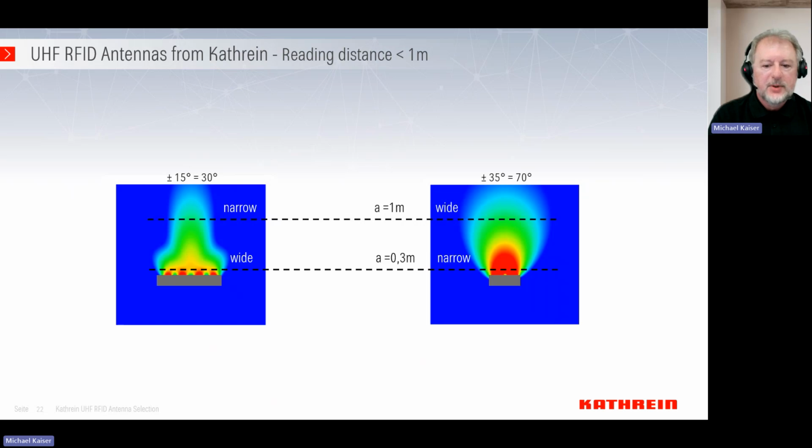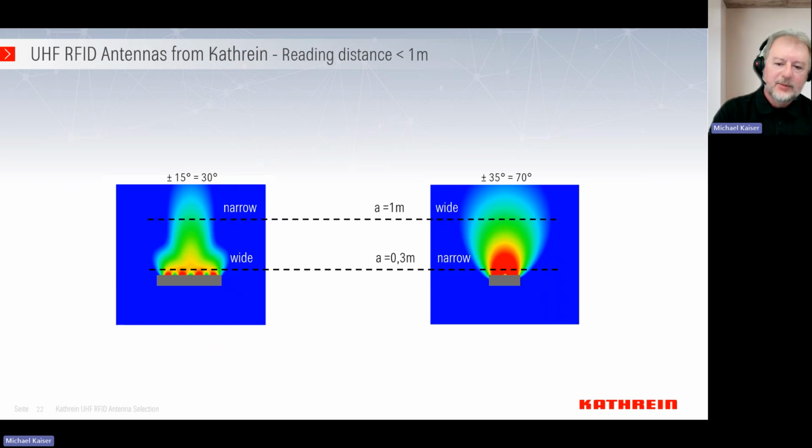And be careful because when you are closer to the antenna, for example 0.3 meter or closer, then the dimension of the antenna is important. This means in this area we have with a 30-degree antenna a wider beam and wider detection area than with the 70-degree antenna because the dimensions, the size of the antenna is smaller.